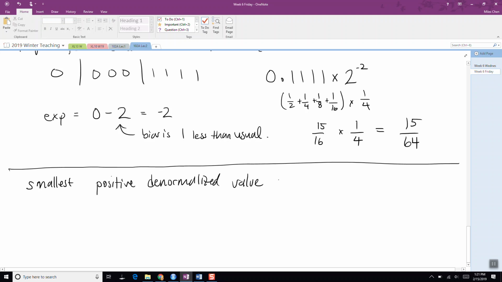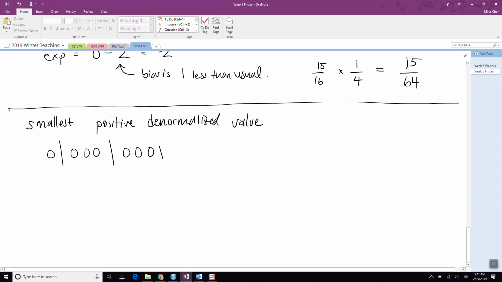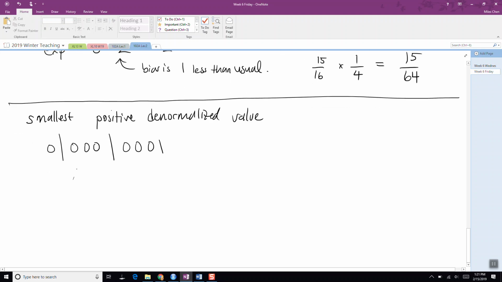Okay, so it must be greater than 0. Smallest positive denormalized value will be 0, 0, 0, 0, 0, 0, 0, 1, right? Okay, so my exponent is going to be -2.